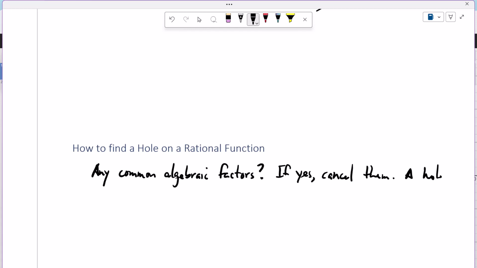A hole is left where the factor equals 0.